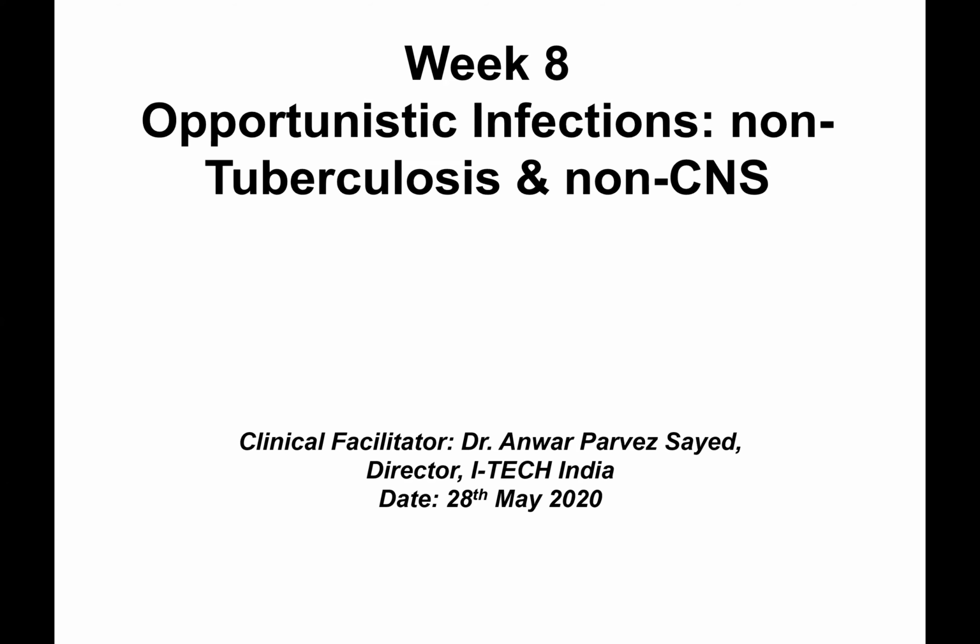And CNS OIs are really still important because if we do not suspect CNS OIs early and if we do not treat them on time, patients may die because of them. But the other OIs, like non-CNS and non-TB OIs, some of them are not specific to HIV, but some of them are AIDS related opportunistic infections.